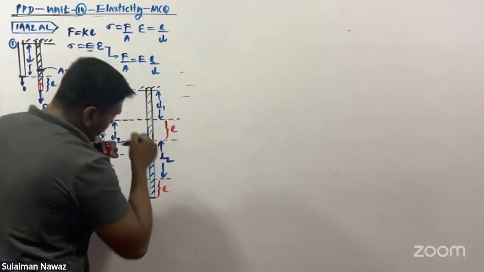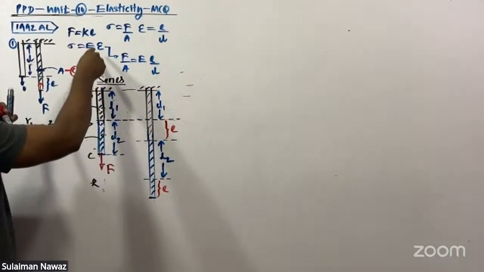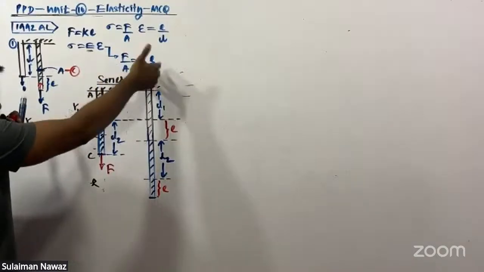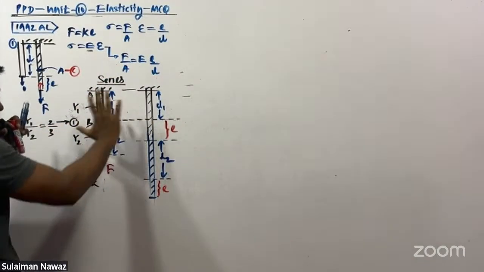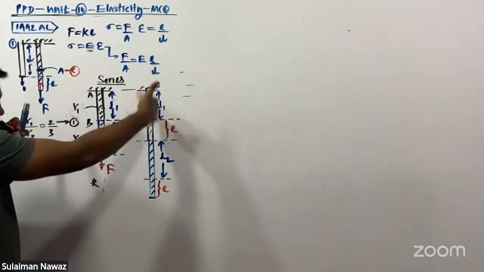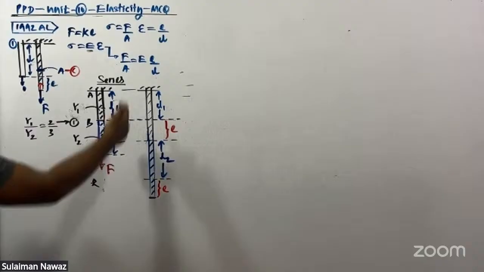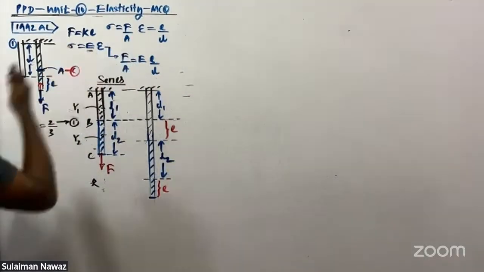So in this scenario with rods in series, you can apply the equation stress equals Young's modulus times strain. You can apply it separately for each rod. Normally, most of the time we apply this equation.